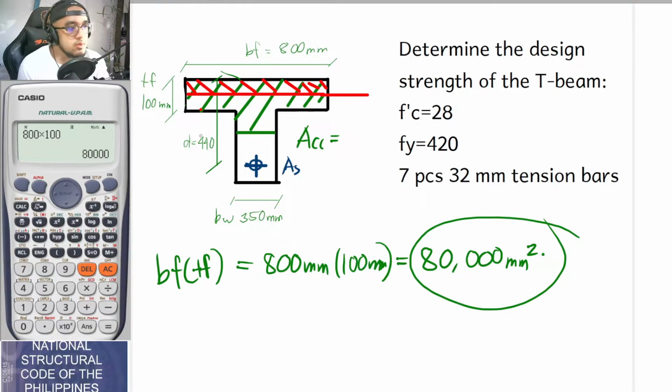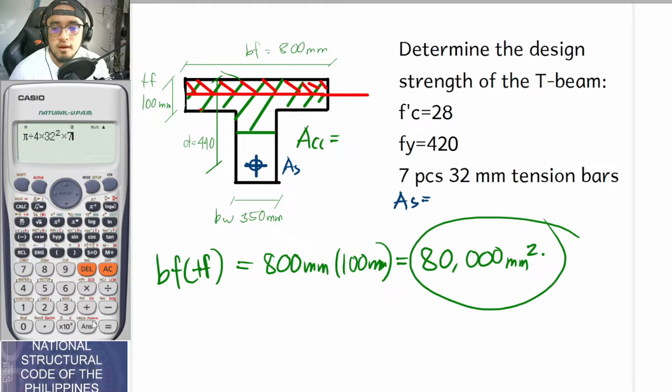By the way, guys, we would be using 7 pieces of 32 mm tension rebars. So our As is equal to pi over 4 times 32 squared times 7.